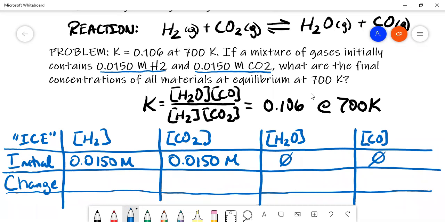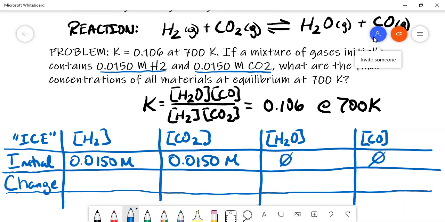To the left or to the right? I've got stuff over here. I've got no stuff over here. I've got to produce stuff.